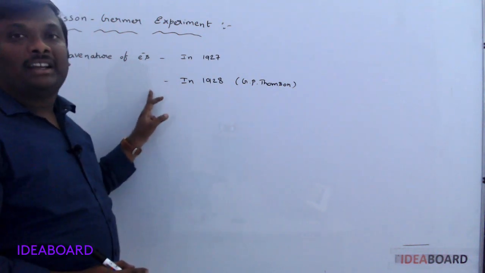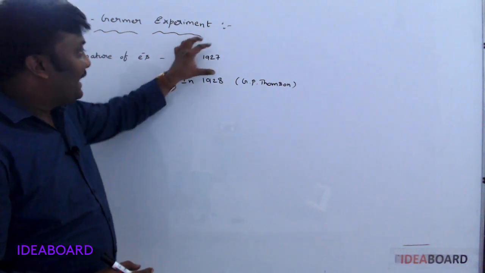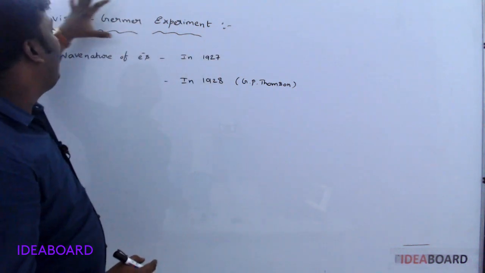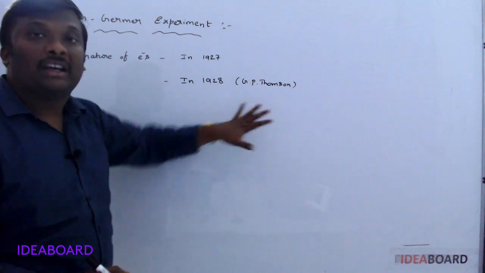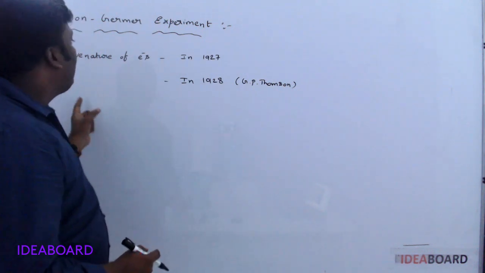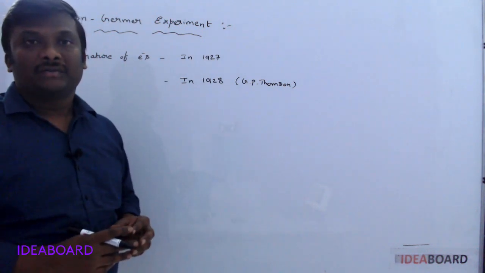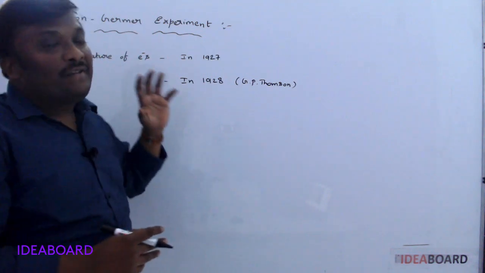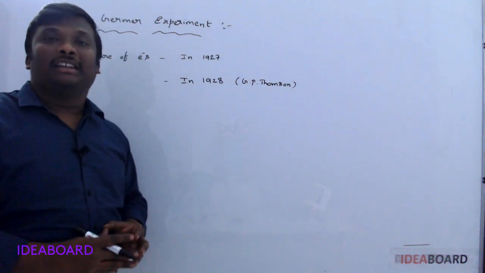Electron has particle nature, but experimentally Davison and Germer and G.P. Thomson found that electron has wave nature also. So they emphasize that the de Broglie theory was correct.